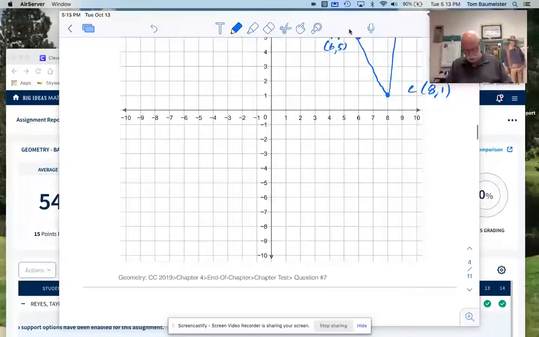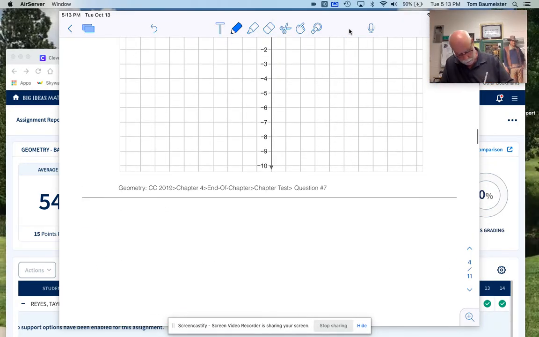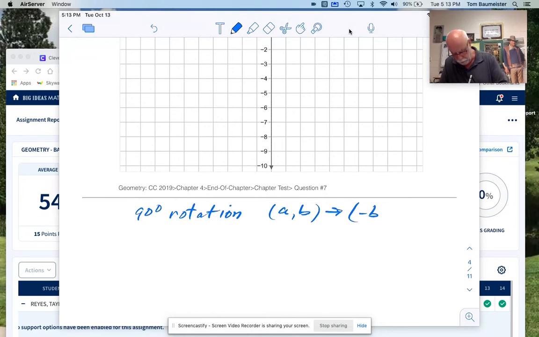And your rotation. So a rotation for 90 degrees, again, our rule is A and B maps to... Again, you're going to take and flip them.